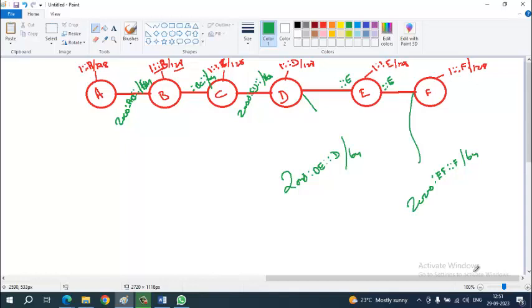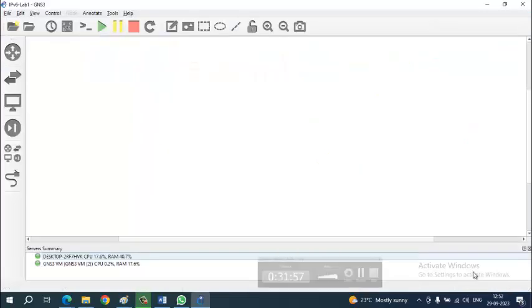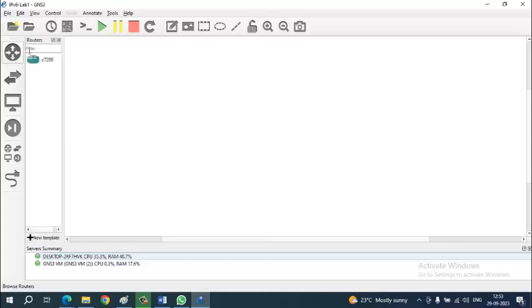All we are going to do in this topology. So let us go to the command line, bring these 6 routers, put IP addresses same as what we discussed, and we'll start from there. 6 routers, we need 1, 2, 3, 4.